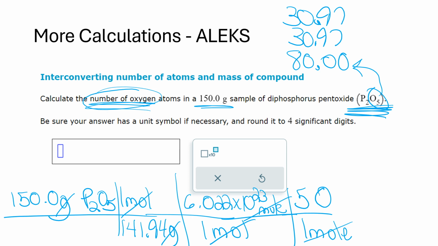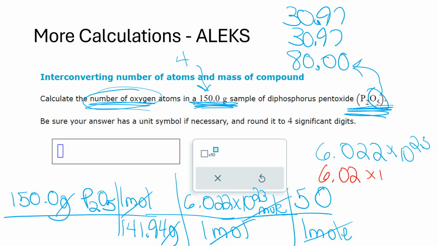So the final answer here is going to have 4 sig figs, because we have 4 here, and we also used 6.022 times 10 to the 23rd. If you're to use 6.02 times 10 to the 23rd, your final answer would just have 3 sig figs.